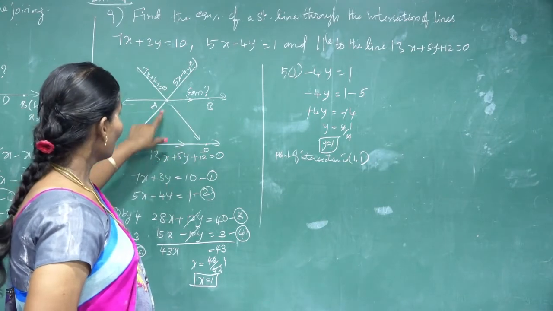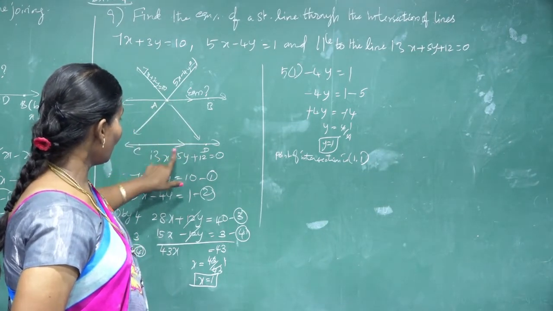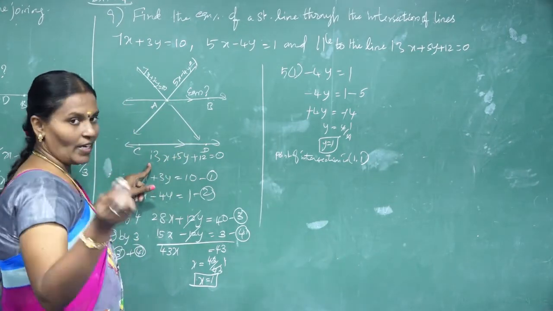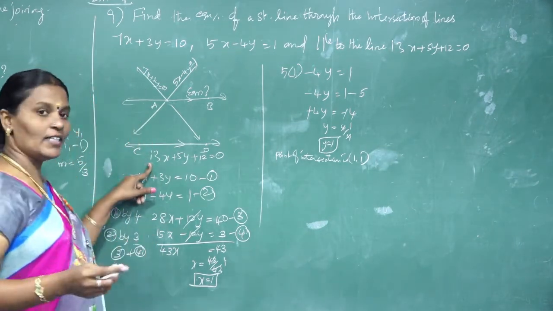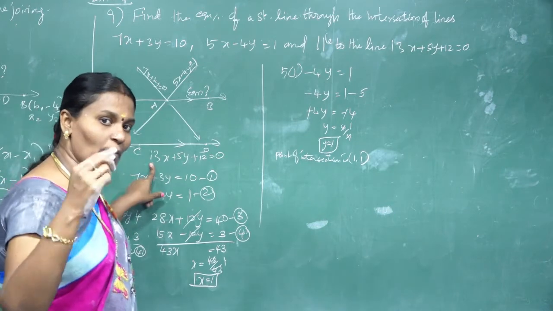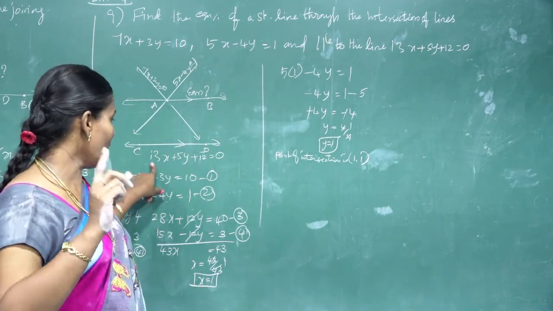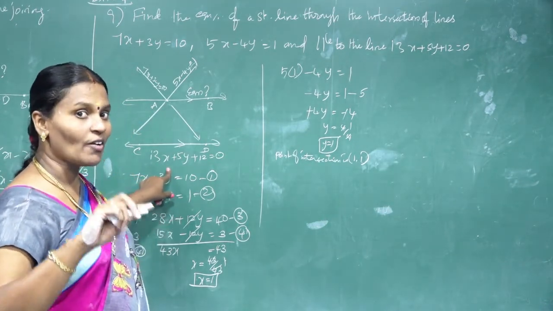Because this line is parallel to this line. Here the equation is given. If the equation is given, how can you find the slope? You know that the slope m is equal to minus a by b, the minus coefficient of x by coefficient of y.